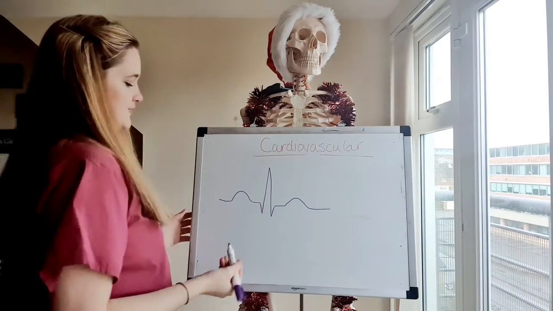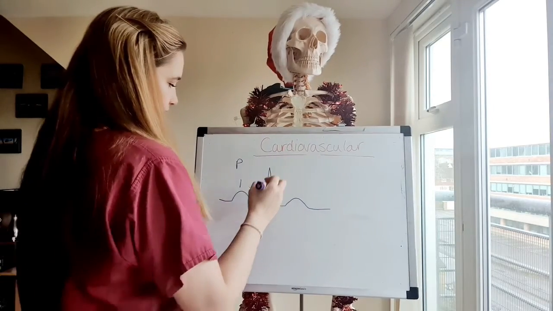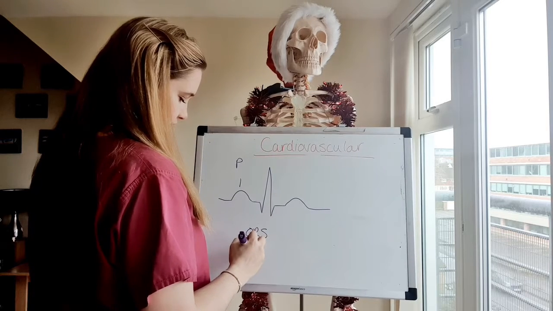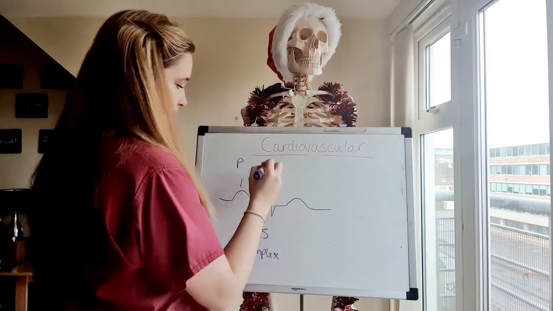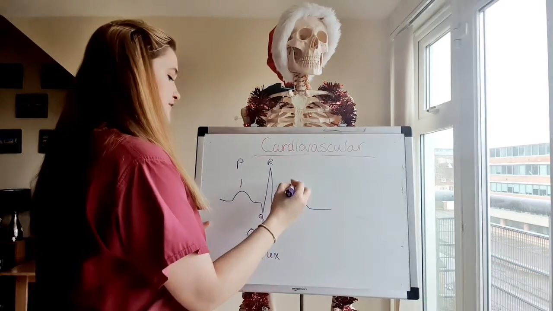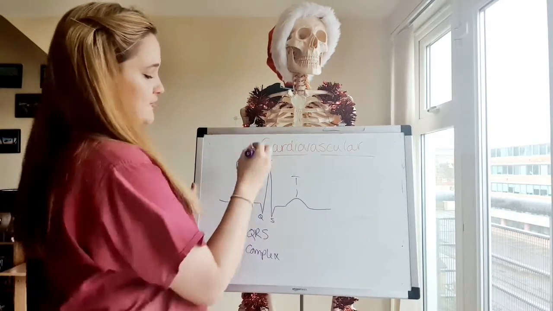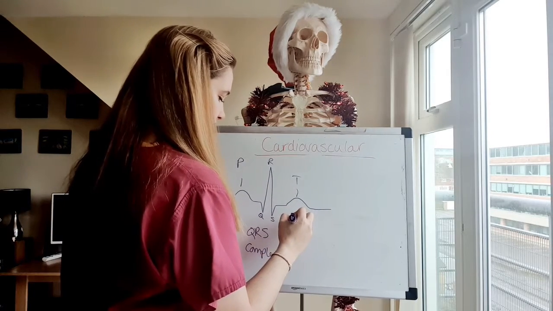Okay, so this is what's called your P wave, and then you have a QRS complex. If you're going to label them individually, this will be your Q, this will be your R, and this will be your S. And then your T wave, which is the one coming out of that ventricular contraction, is kind of like the relaxation.